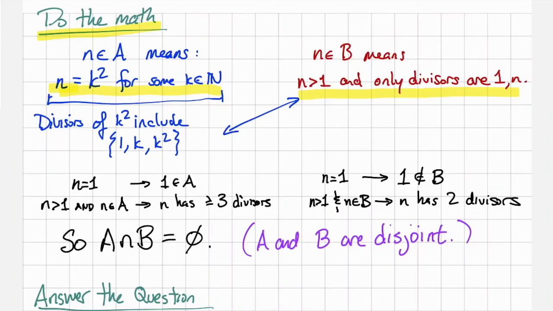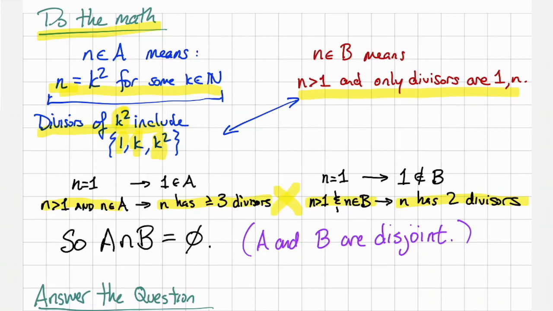So in order to see if these sets have anything in common, we should think about what the divisors are of a number in A. If a number in A looks like k squared, maybe we don't know all the divisors of n, but we do know that 1 divides k squared, k divides k squared, and k squared divides k squared, which means if n is bigger than 1, then n has at least 3 divisors. But the rule for if a number is in B is that if n is bigger than 1, then n has exactly 2 divisors. So no number bigger than 1 can be in both sets.